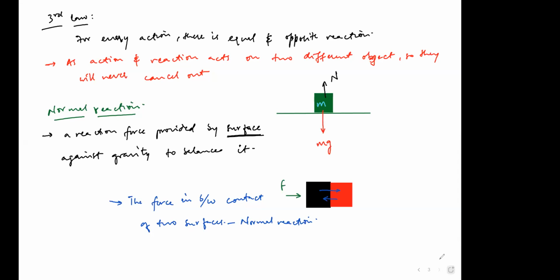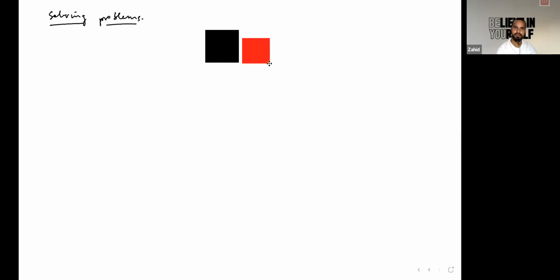Salman? Done, sir. Okay. I'm defining some tips on how to solve problems. Let's say I'm giving you a problem. This is your block A. This is your block B, having different masses, placed on a horizontal surface, which is frictionless.